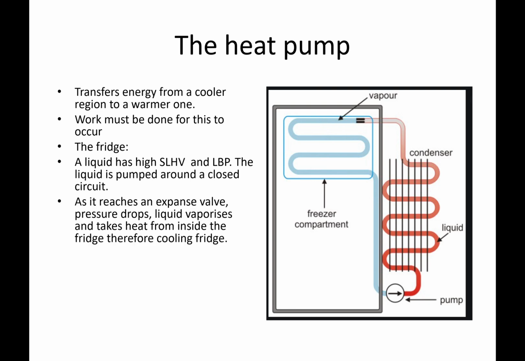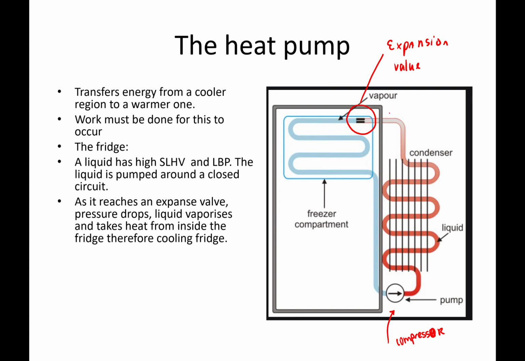To use this liquid to remove heat from the freezer, the heat pump contains two devices. It contains an expansion valve and it contains a compressor. Okay, let's look at how the heat pump removes heat from inside the freezer.